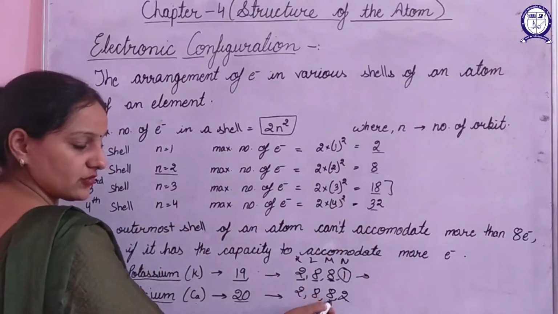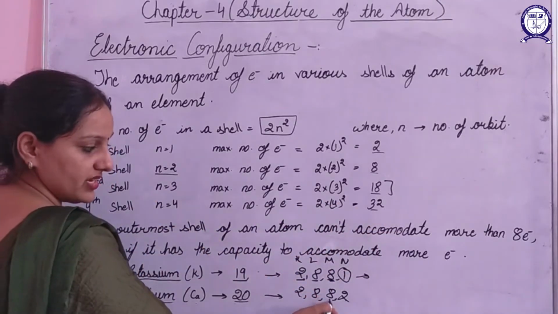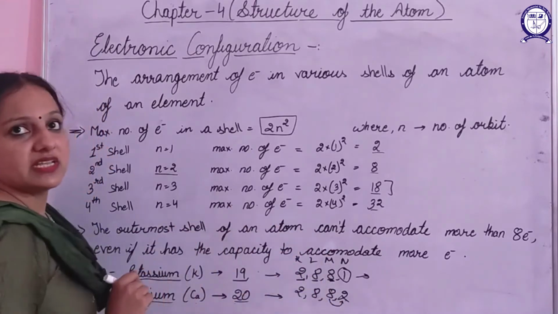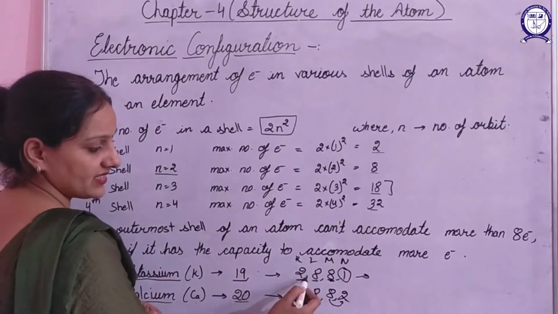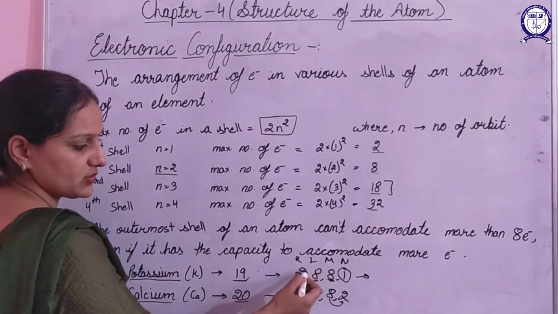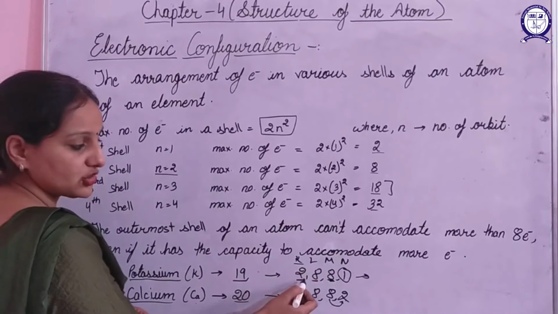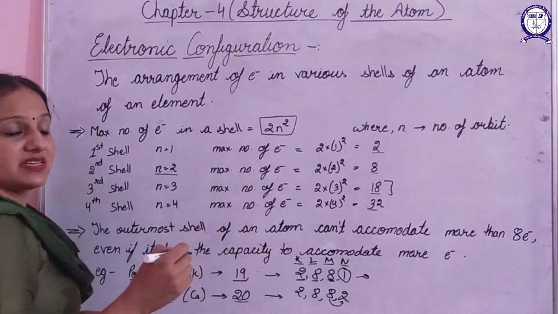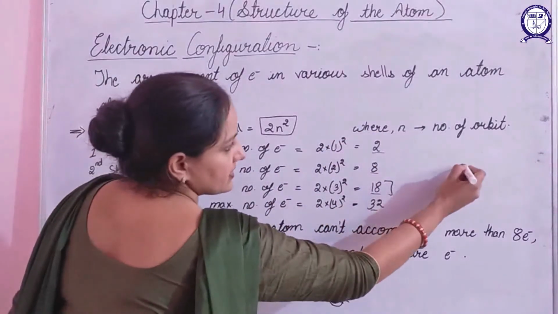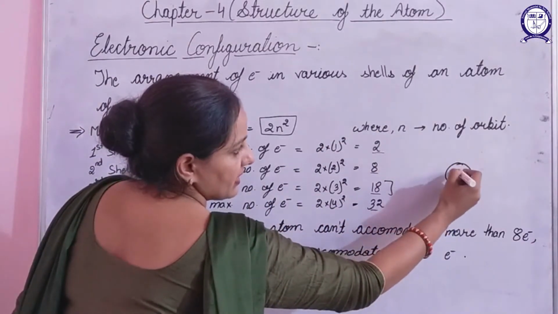Again it is following the octet rule, so the remaining 2 electrons will move on to the next shell. This is the electronic configuration. We can write it like this using commas. That means first we write the number of electrons in the K shell, then L, then M and then N. We can represent it with a figure also. Suppose this is the positive part.